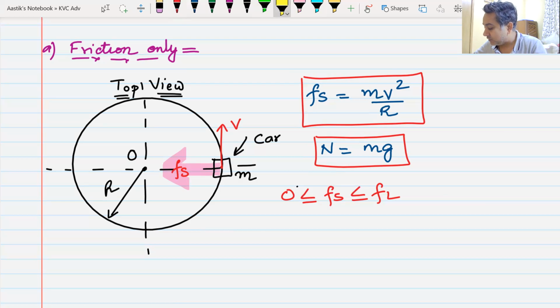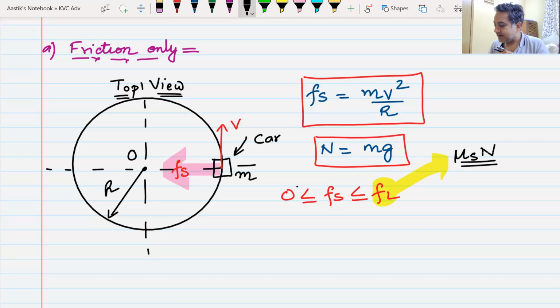Can I expect that you can tell me what is the value of this limiting friction? The maximum value of this limiting friction is mu s multiplied by N. That is the maximum value.